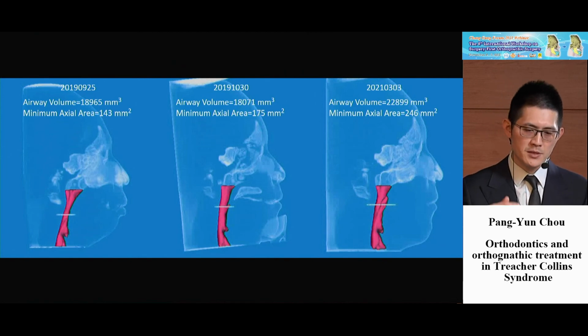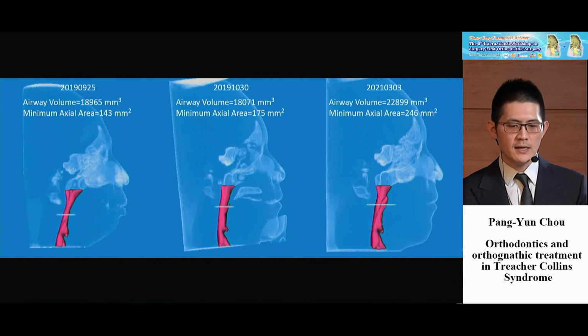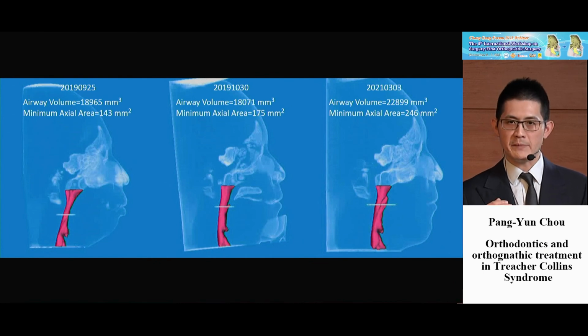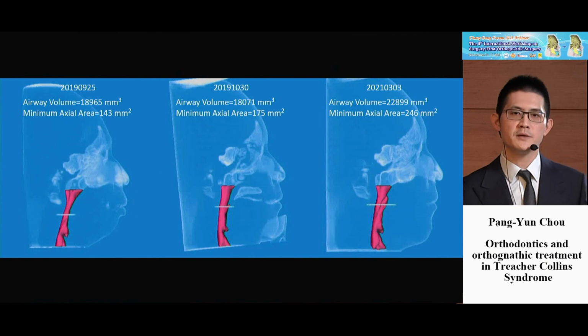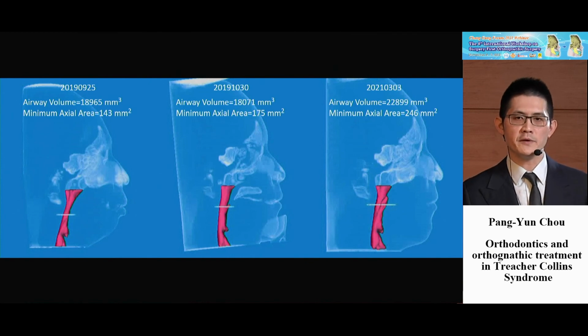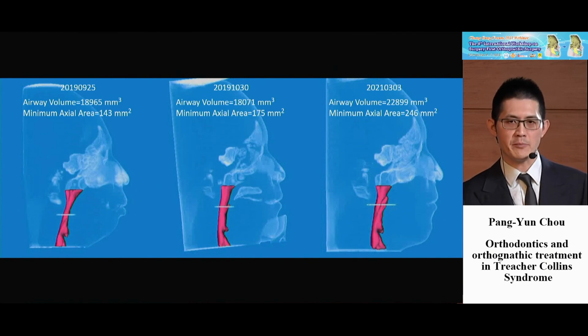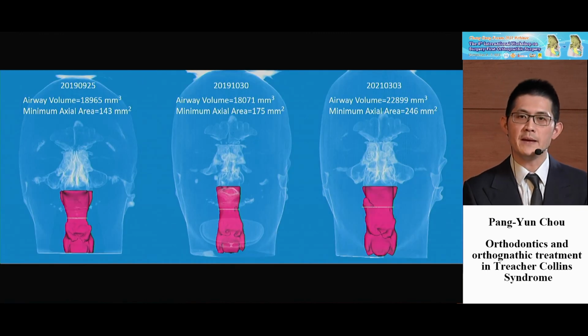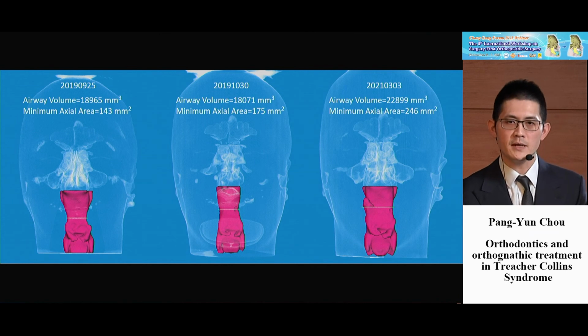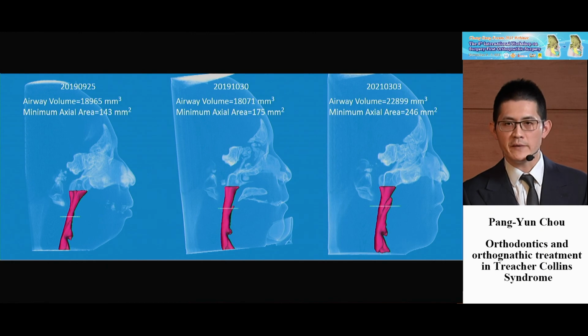And then after the surgery, 1 year later, the minimum axial area had enlarged to 246 cubic millimeters. The patient told me that after the surgery, probably 2 or 3 weeks later, she did not feel any obstructive sleep apnea problem when going to bed. So this is the AP view of the airway calculation, shown in pink color. And this is the side view of the airway, shown in pink color as well.